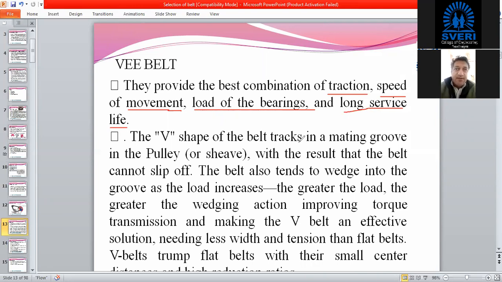Now, in case of V belts, the V shape of the belt tracks in a matching groove in the pulley. As for the construction of the pulley for that V belt, the V-shaped belt is fitted into a groove which is made on the pulley.